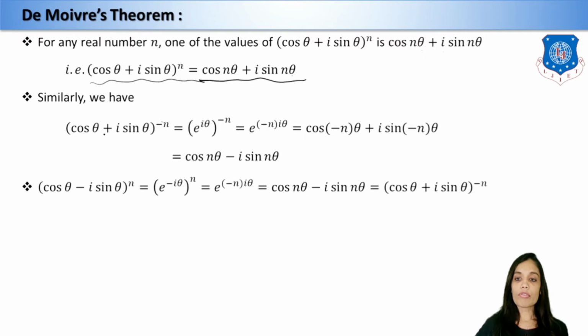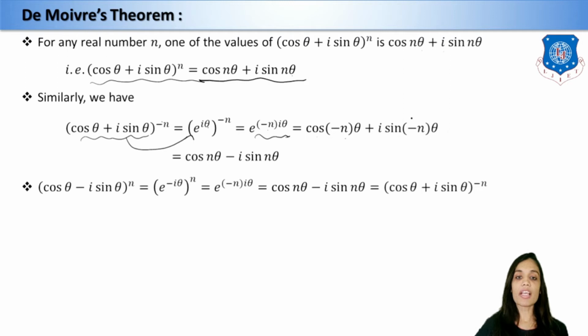Now, similarly, what about (cos theta plus i sin theta) whole raised to minus n? Using Euler's formula, this can be written as (e raised to i theta) whole raised to minus n, which is e raised to minus n i theta. Now this can be written as cos minus n theta plus i sin minus n theta.